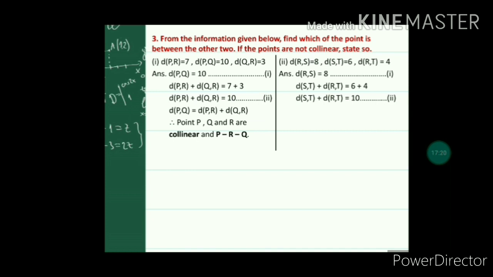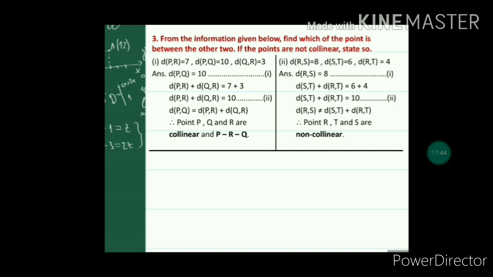Distance of ST plus distance of RT is equal to 10. Distance of RS is not equal to distance of ST plus distance of RT. Therefore, points R, T and S are non-collinear and T is not between R and S.